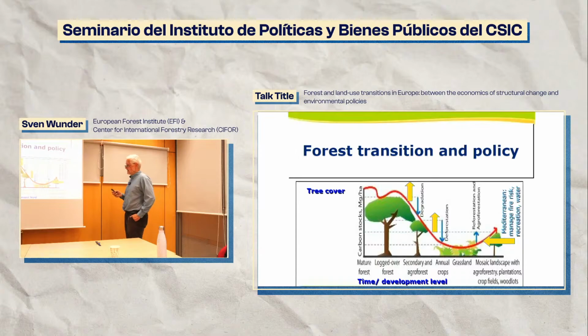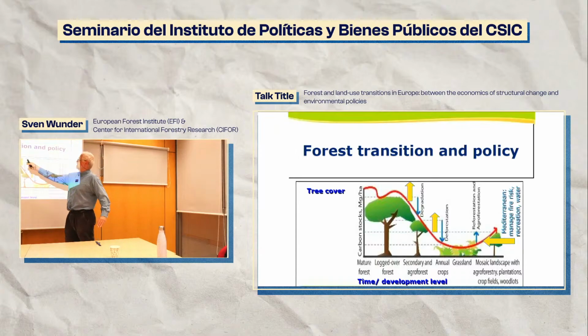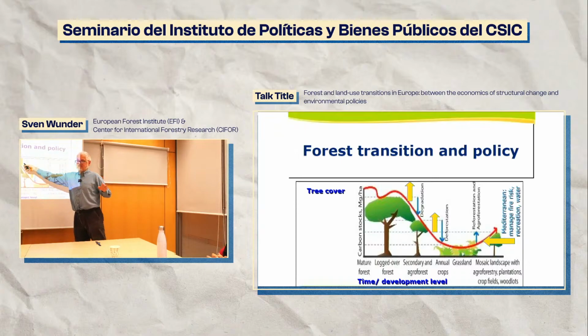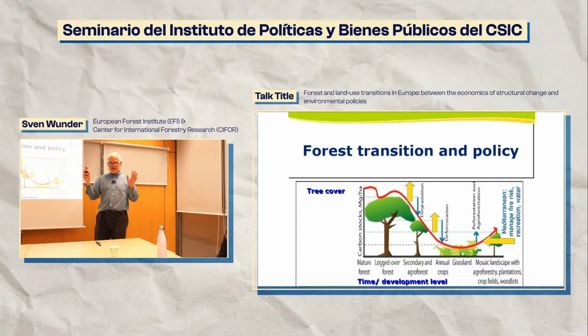So the idea that countries over their long-term development start with a relatively high forest cover, if that's the default vegetation cover, then they start to develop commodity production, agriculture, timber harvesting, and that leads them to deforest. That's what we see in many parts of the southern hemisphere right now.